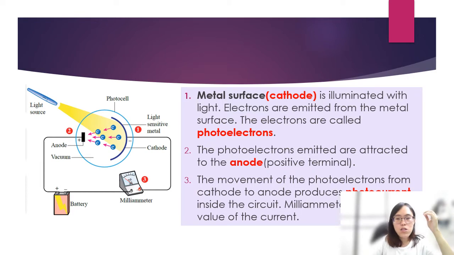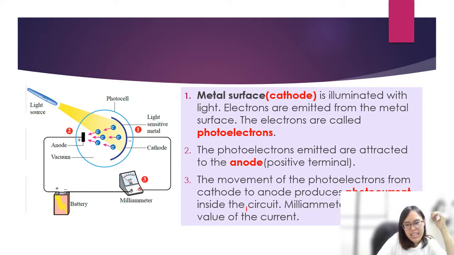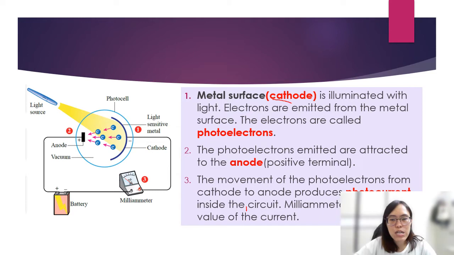So the metal surface, which is the cathode, is illuminated by the light.